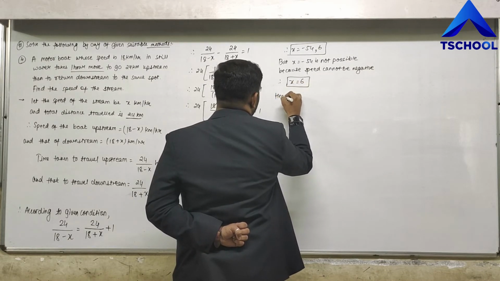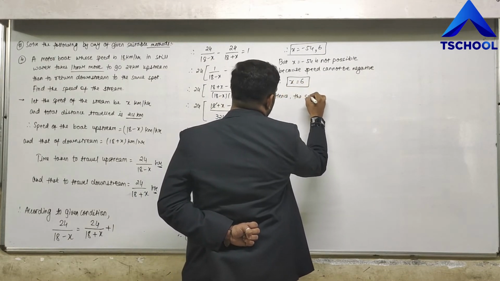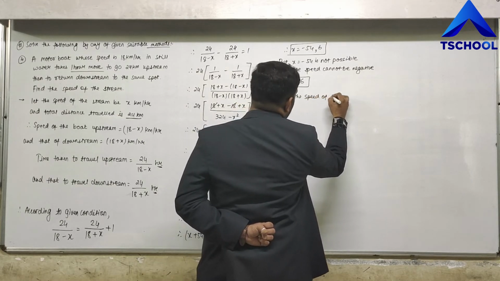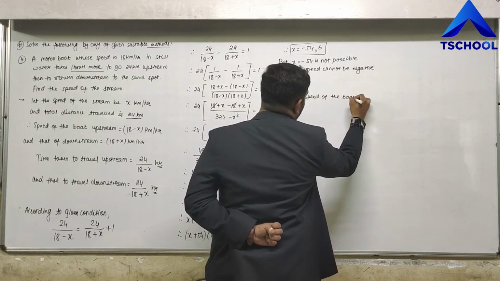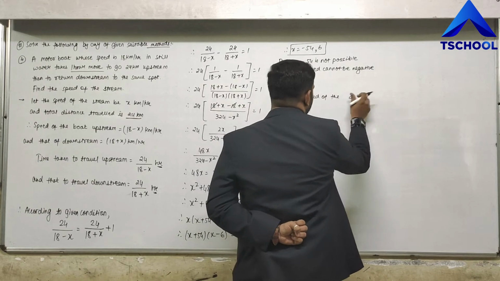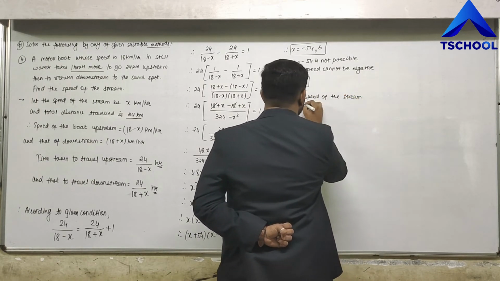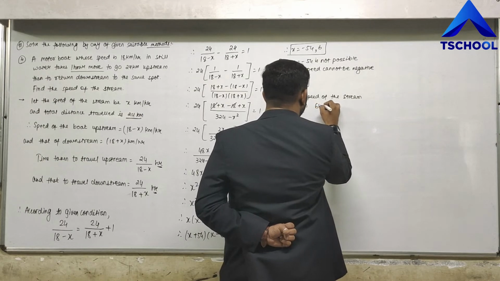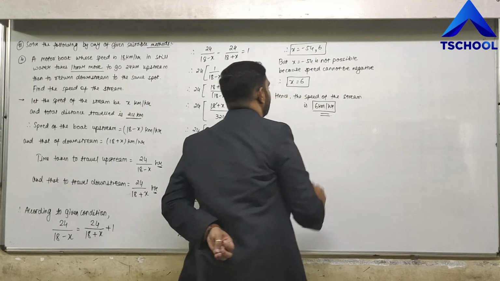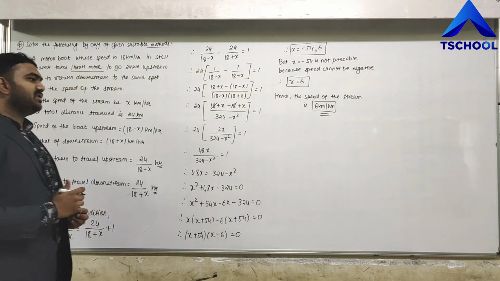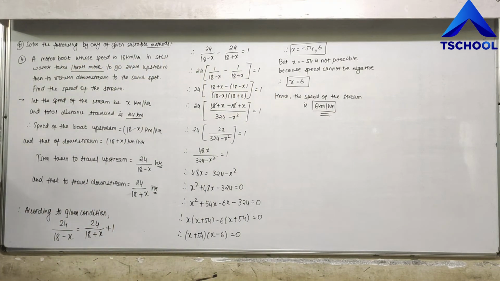Hence the speed of the stream is 6 km per hour, right? So the speed of the stream is 6 km per hour.